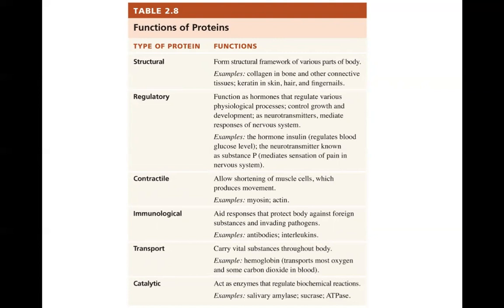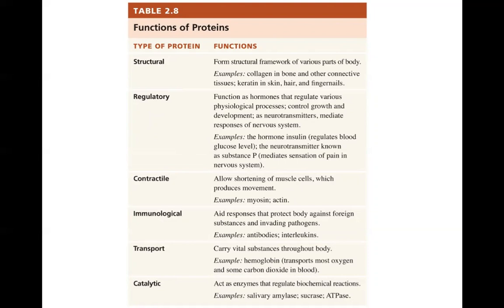Actin and myosin are two proteins in our muscles that contract and allow our muscles to shorten. So proteins can be contractile. Antibodies are proteins that circulate in our blood to help us fight off viruses and bacteria, so they can be immunological. Transportation. We'll talk about how proteins in our plasma membrane can bring stuff in and out.